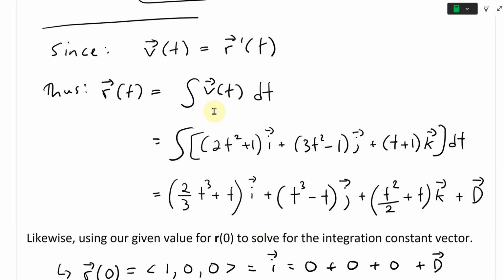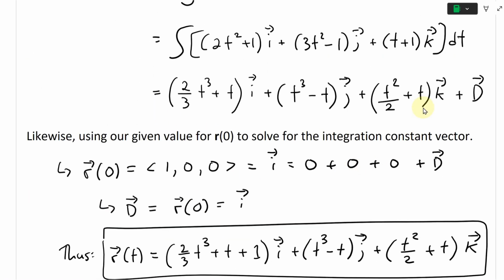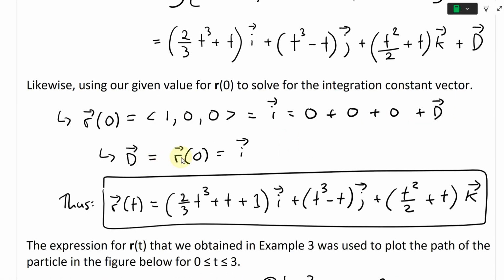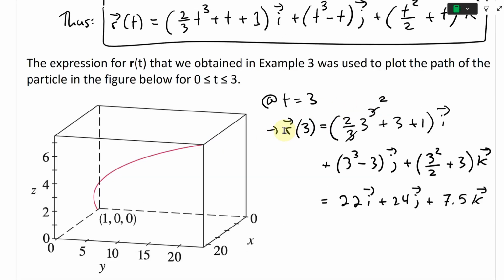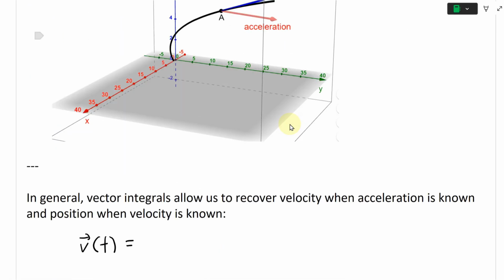Likewise, for the position vector, the integration constant is just the initial position at t equals 0, because all these terms vanish. So typically, that's the case we have.